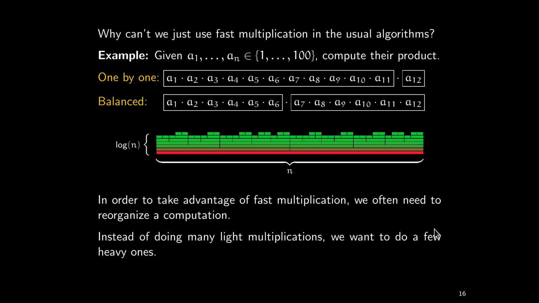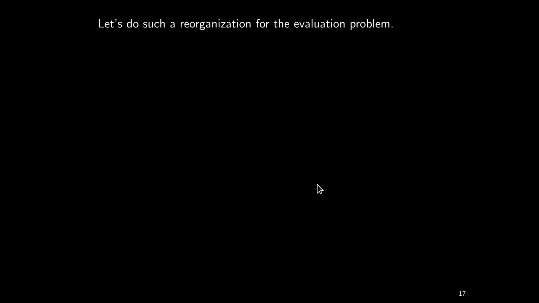So this is the reorganization work that you will have to do when you design fast algorithms for computer algebra. And a good approach is always to split the problem in the middle, and we will see now for evaluation and interpolation that this is an easy thing to do.